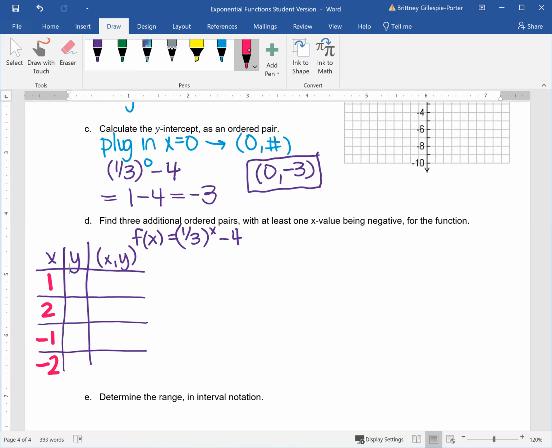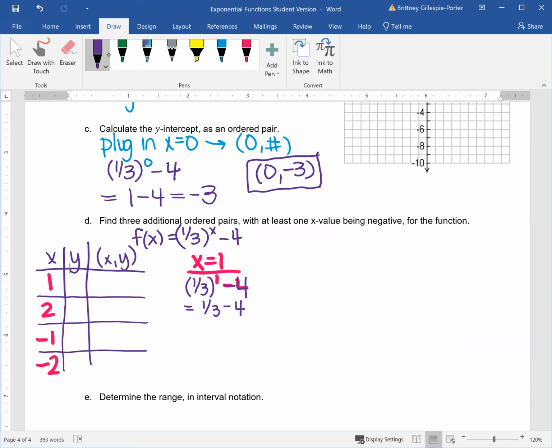That was our y-intercept. So if I'm plugging in x equal to 1, that means that I'm going to have 1/3 to the 1 minus 4. 1/3 to the 1 is 1/3 minus 4.